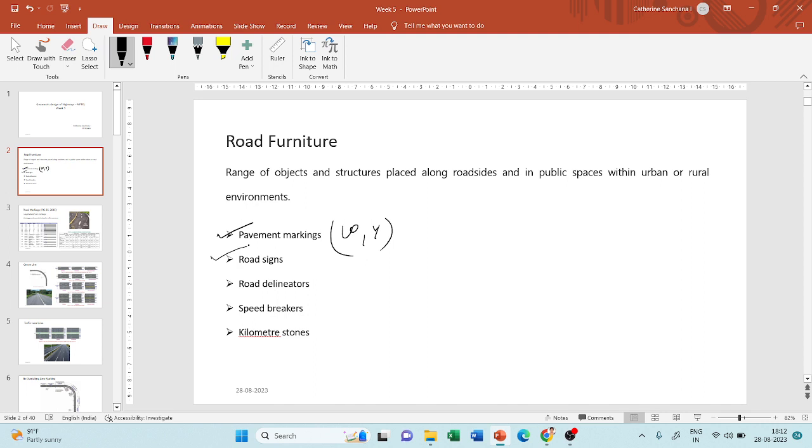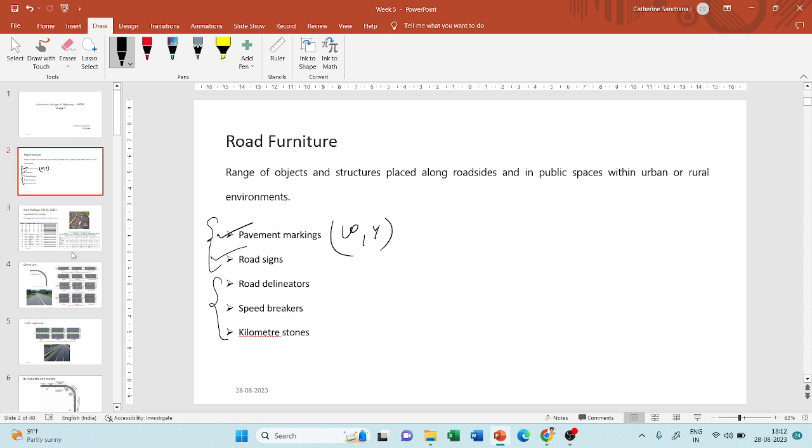All this is conveyed to a person traveling on the highway through road signs. This also comes as a part of road furniture, and we will see in detail only these two this week. The remaining portion we will cover in the upcoming weeks. So for this session, we will be covering only pavement markings and road signs.